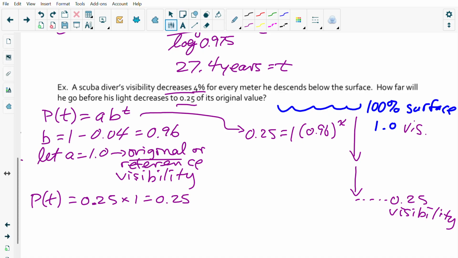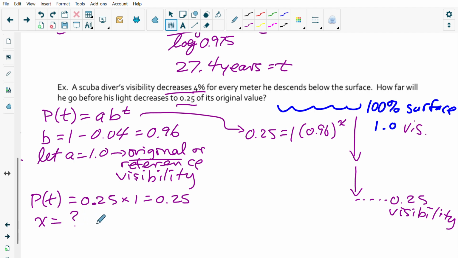So it decreases 4% for every meter. So it's not really a time value, but it's in units of 1 meter. So we can treat it as analogous to a time value, but it's really a distance value. It's a unit of every meter for a 4% decrease in visibility. So I'm going to use x.